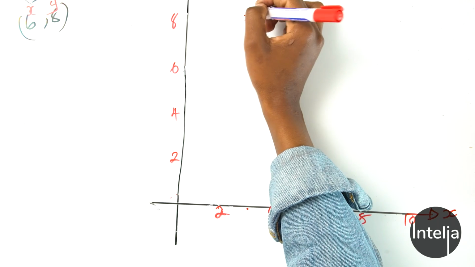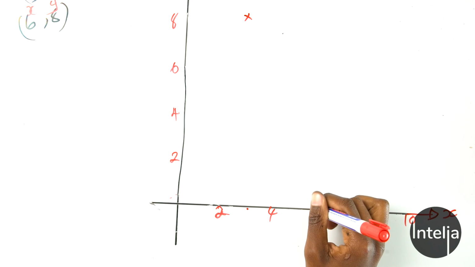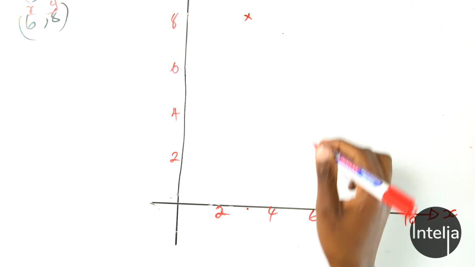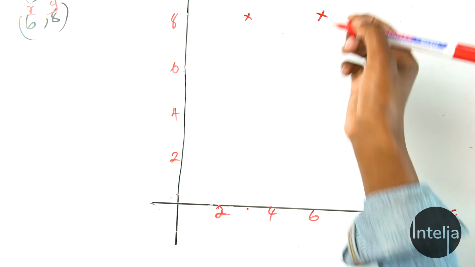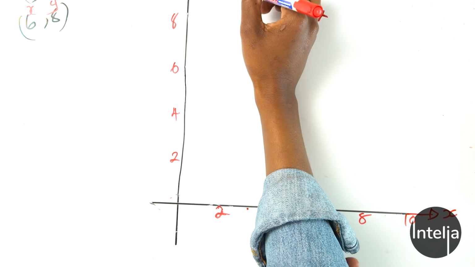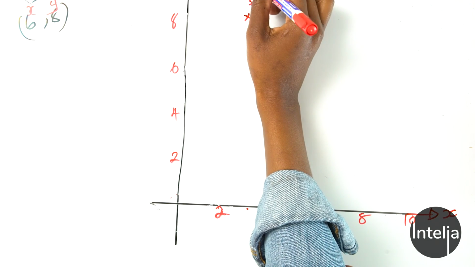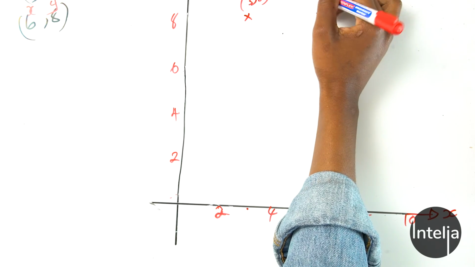And the other one is 6 and 8. That's the (3, 8) and (6, 8).